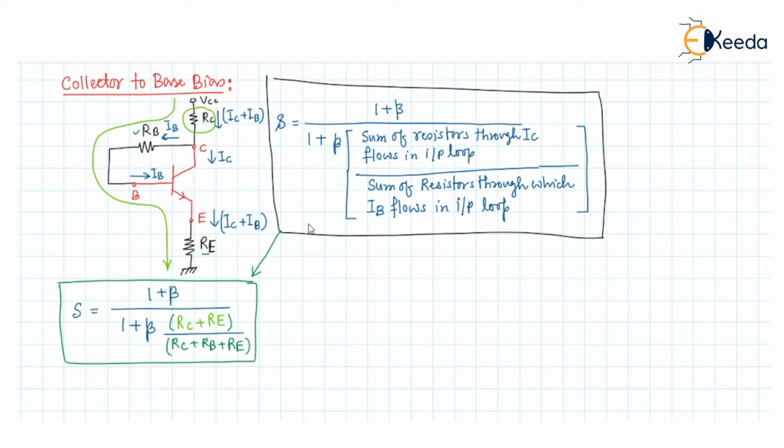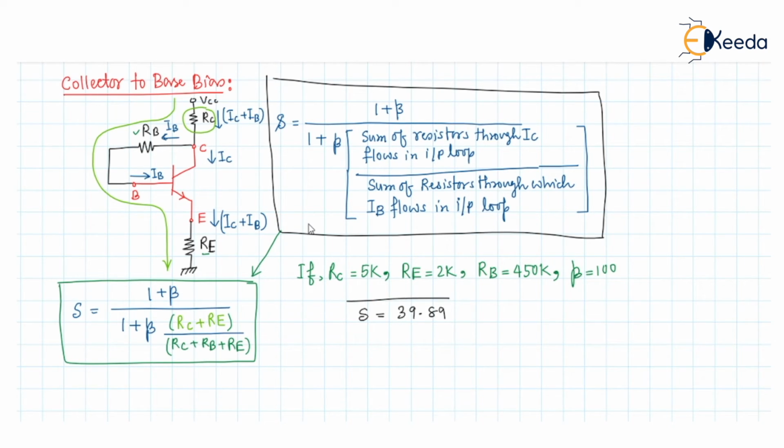So if I take an example where my RC value, that is the collector resistance, is 5 kilo ohm, the RE resistor is 2 kilo ohm, the base resistor is 450 kilo ohm and the beta value is 100, then the value of the stability factor will come out to be 39.89.